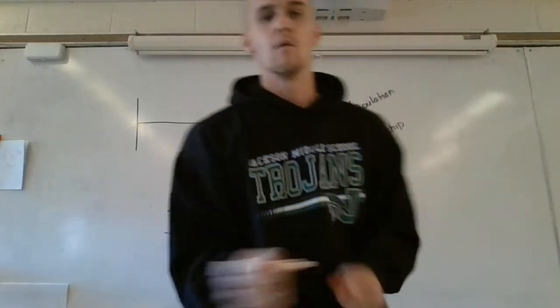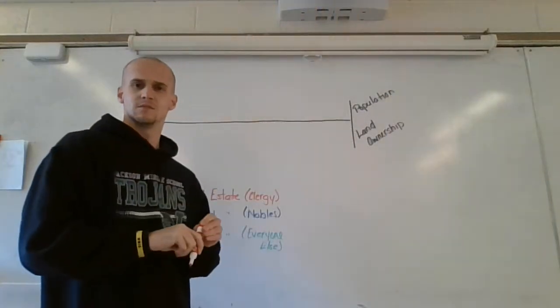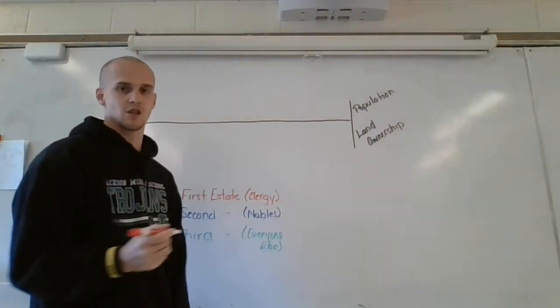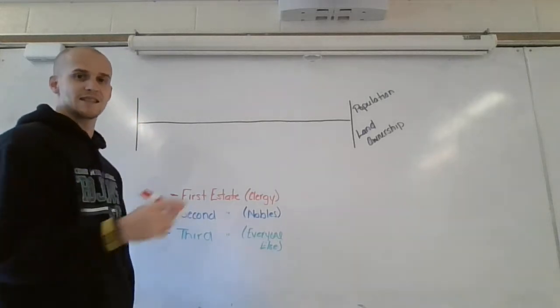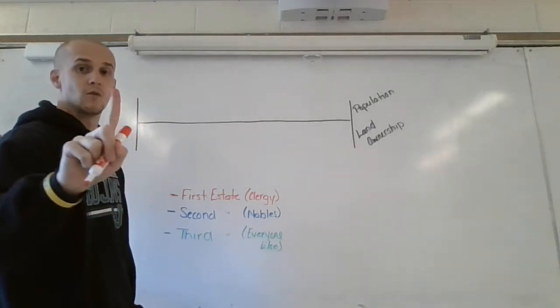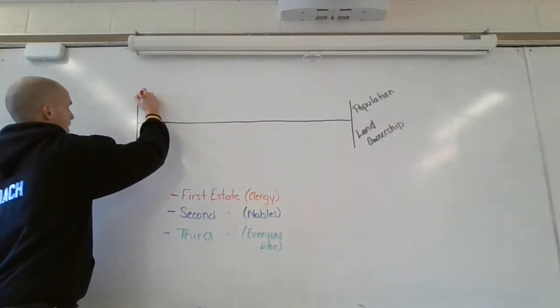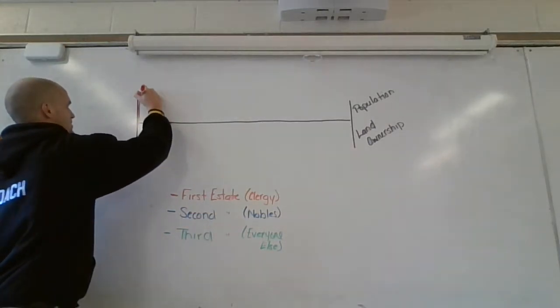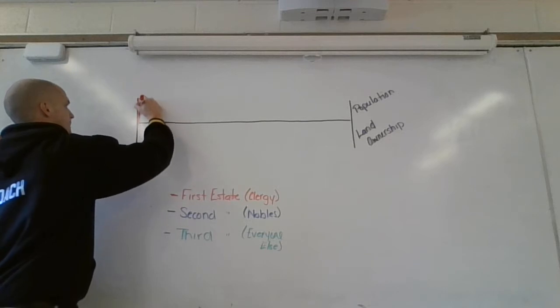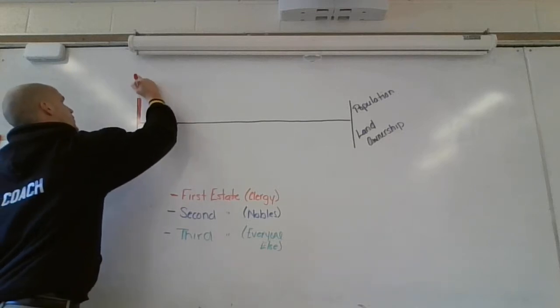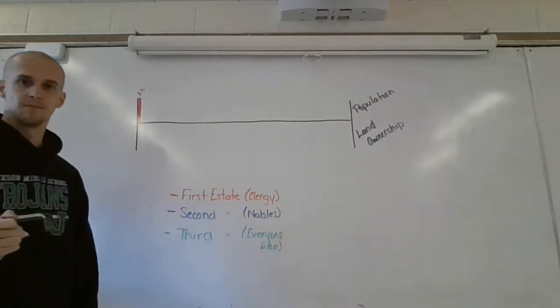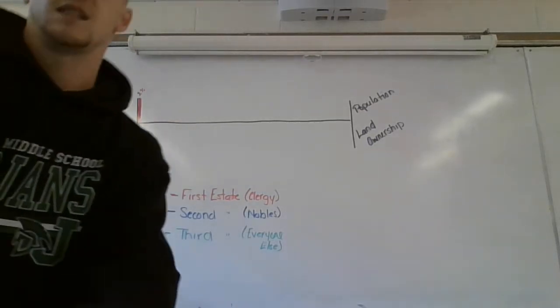So the first estate, clergy. The Church, specifically the Catholic Church, in France at this time makes up a whopping 1%. 1%. Right here at the beginning, I'm just going to draw it. It doesn't have to be perfect, but 1%. For those that can't see mine, boom, 1%.